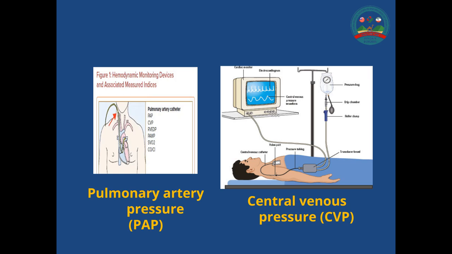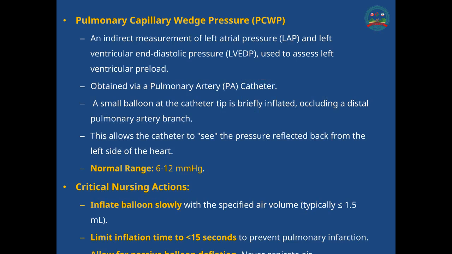The catheter passes through the right atrium and right ventricle, and its tip rests in the pulmonary artery. PAP provides information about right heart function and pulmonary circulation, and it is essential when evaluating patients with complex shock or heart failure.